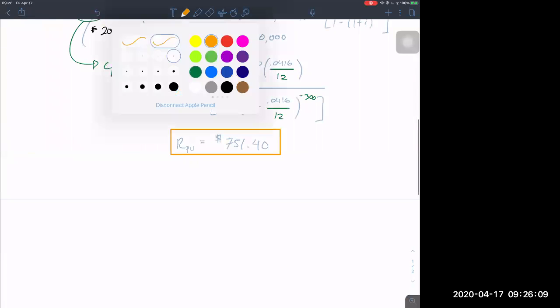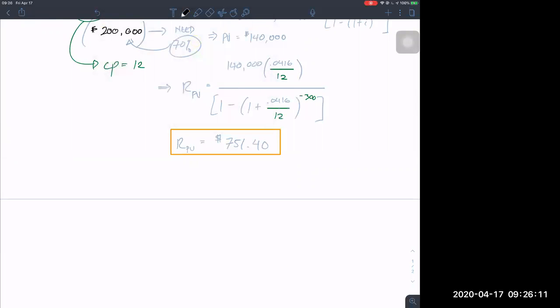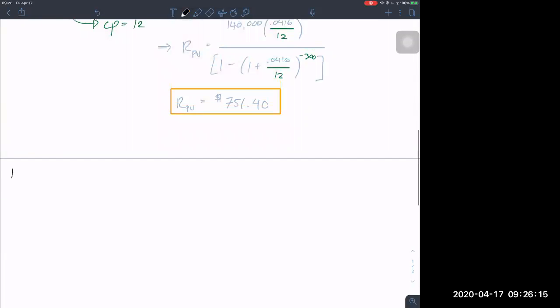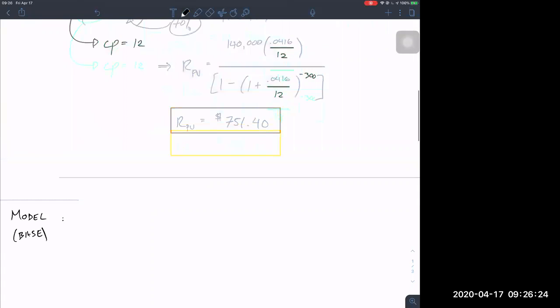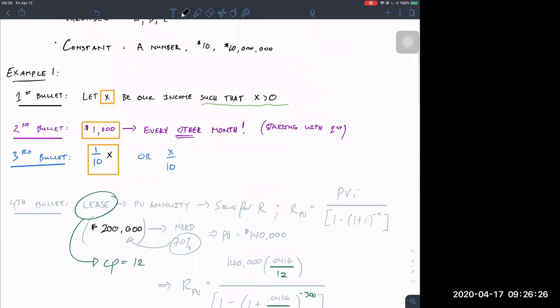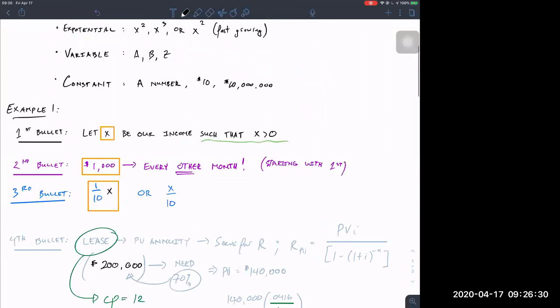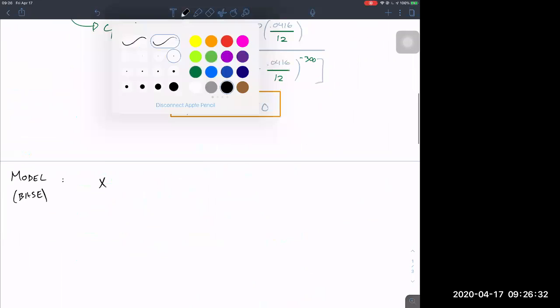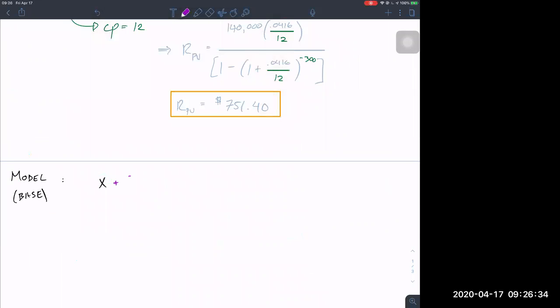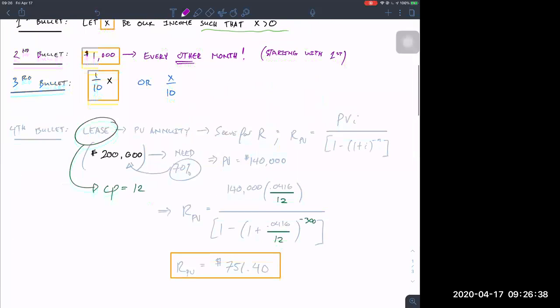All right, so your model, I'll start a new page here. Your model or base model, you can think of it as your base model too, because it's your first one, right? What makes you money? Well, that X does, as well as that $1,000, right? What's costing you money?